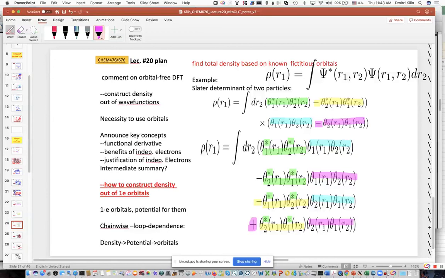Now we need to perform integration over the variable R2. Which property are we going to benefit from in this operation?